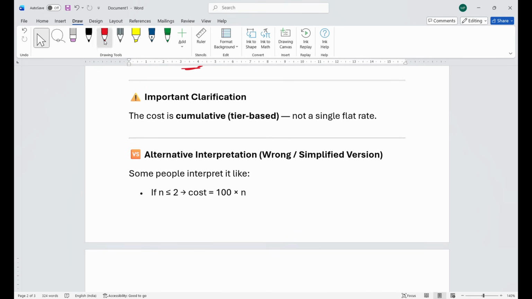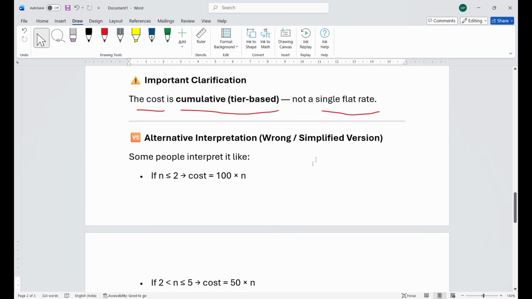One thing I have to clarify is that the total cost we are finding is cumulative, tier based, not a single flat rate. The question says we have to use the tier based structure. Whenever we calculate the cost for some time, we have to check whether it exceeds the first condition.